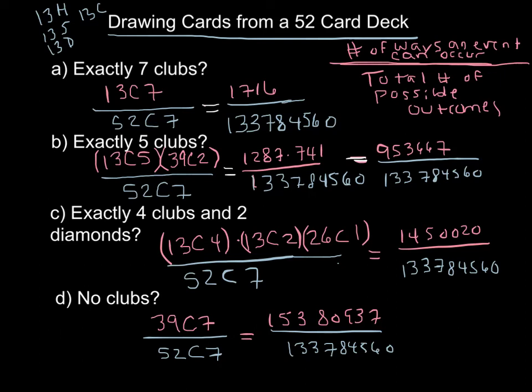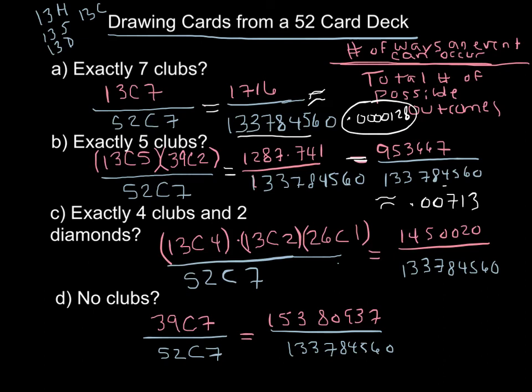We can leave our final answers as fractions, but sometimes we put them into decimals just to get a good sense of how likely it is. It's not always easy to find what percent of this total here is 1716. So I did it out in the calculator. The first one is about equal to 0.0000128. This one here is about equal to 0.00713.